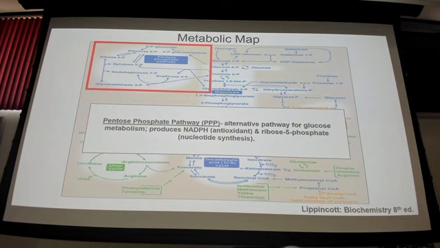And it also produces substrates that lead to ribose 5-phosphate production. And we know ribose is the sugar involved in nucleotides, right? Remember that from the last slide, right? Yeah. Any questions about the take-home message from the PPP pathway?